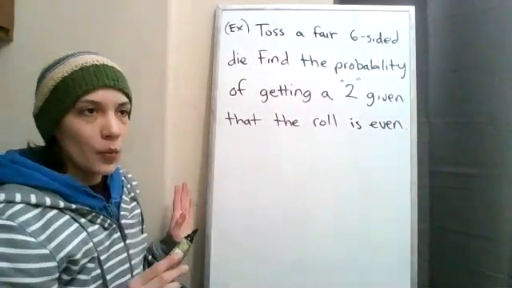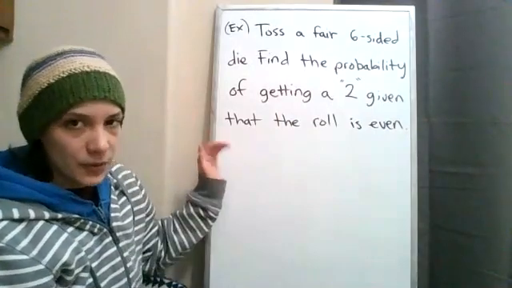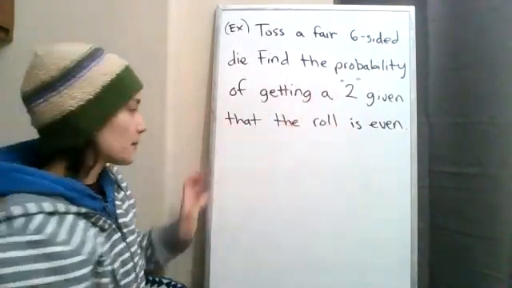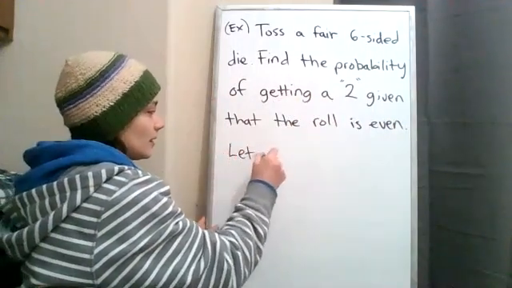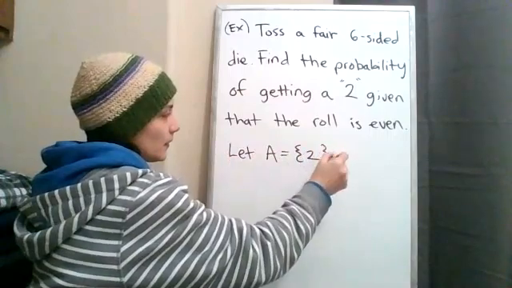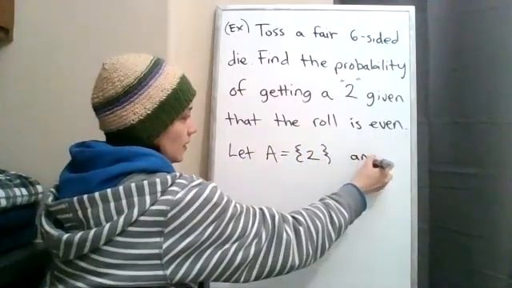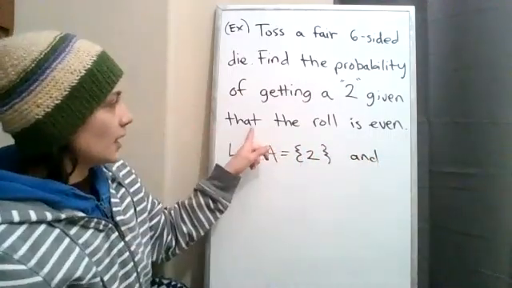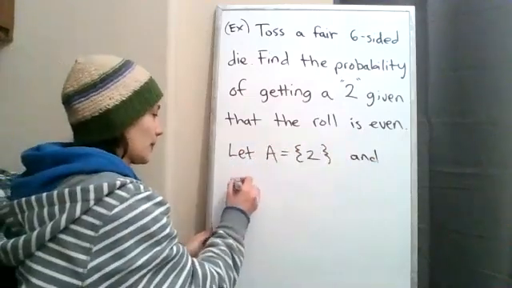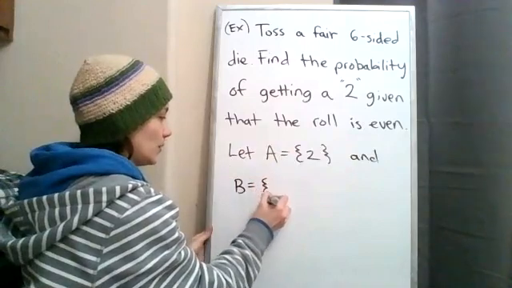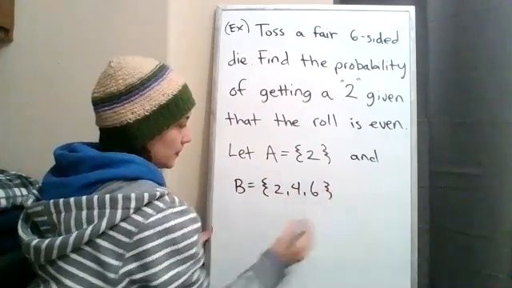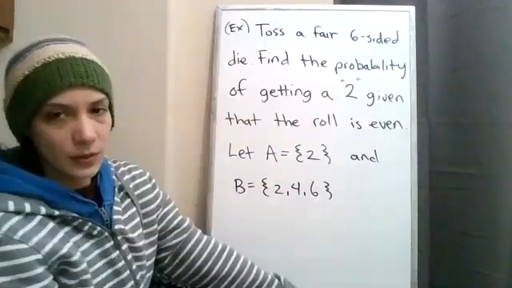So we're going to set up some events for what's happened. We'll call event A getting a 2. And B is the event where you get the even number. We will draw the space.